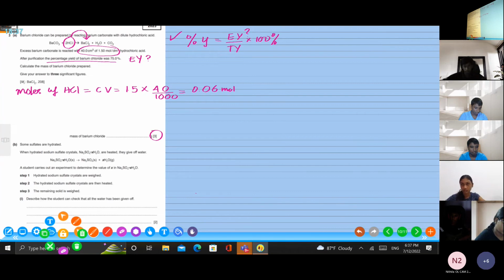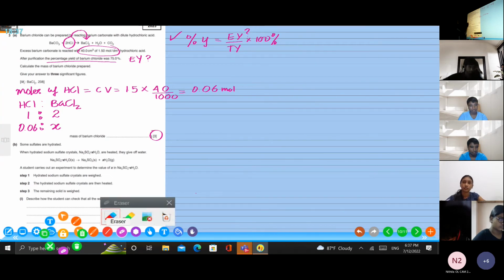And then you take the HCl to barium chloride ratio, 1:2, 0.06 to X. Therefore, the barium chloride moles, am I correct in the ratio?